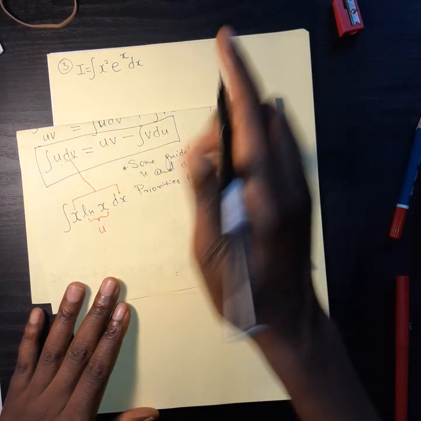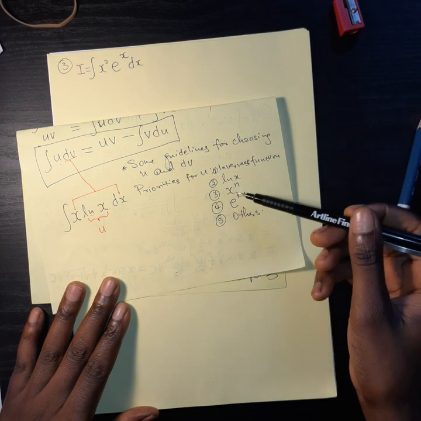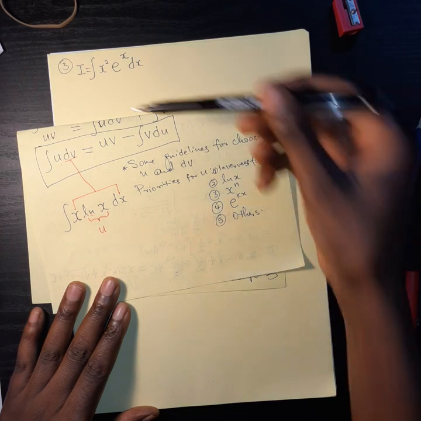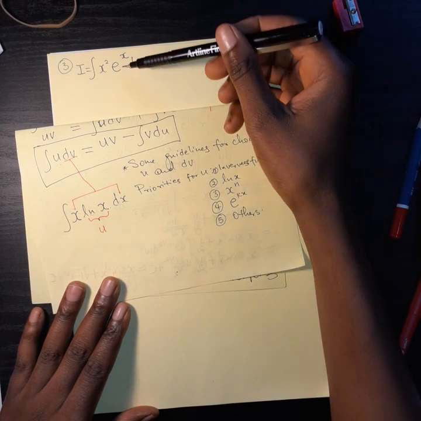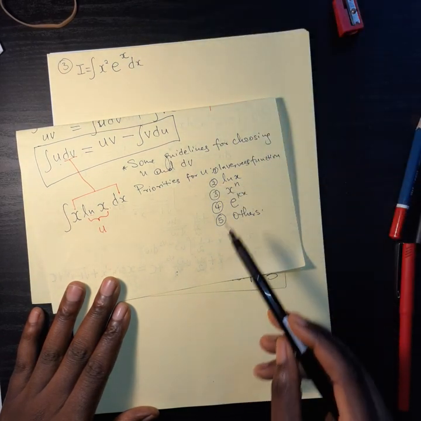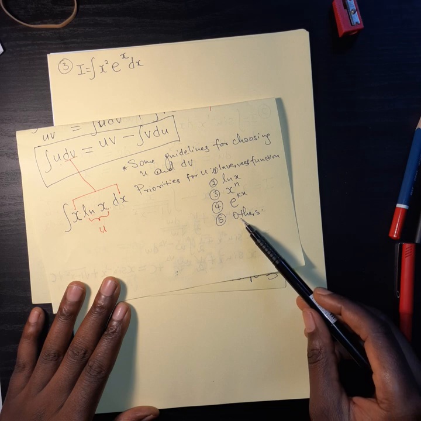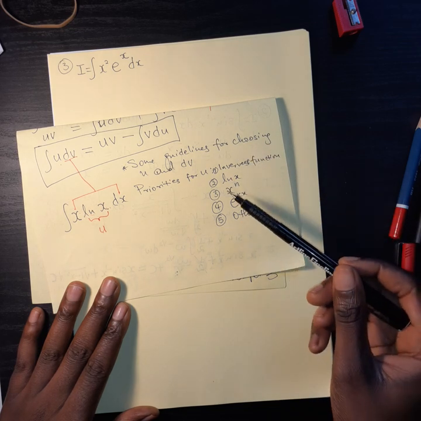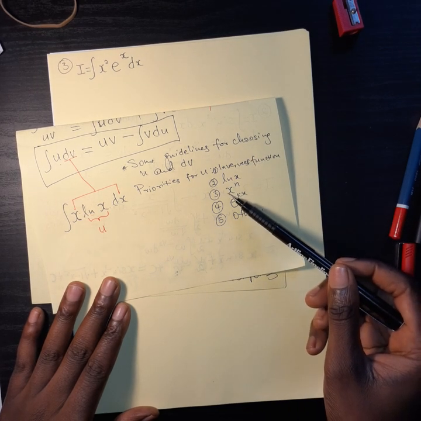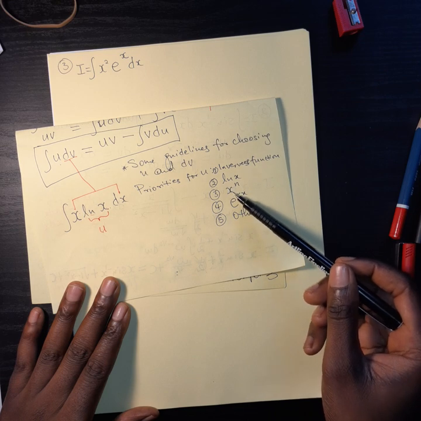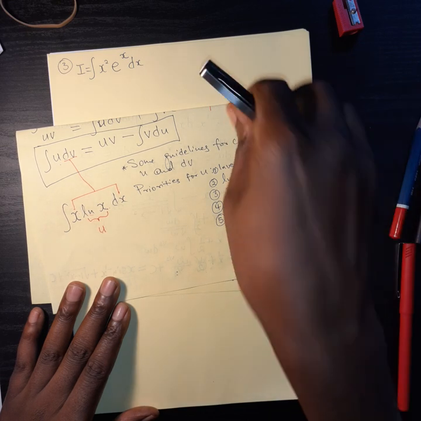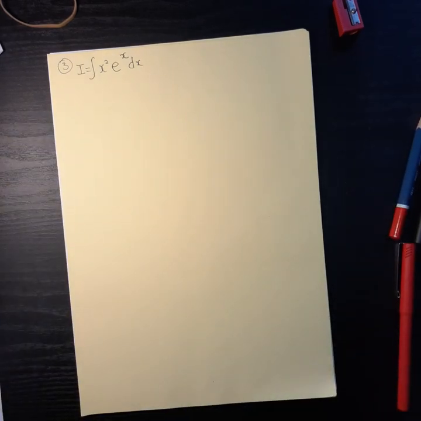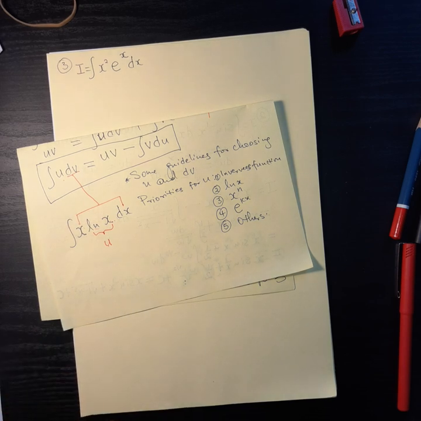And then we go back to our priorities for u, and we observe that in this case we have x to the power of n, x squared, and e to the power of kx, e to the power of x. According to these priorities, we prefer x to the power of n to be our u rather than that one. If you are curious, you can swap them and see what will happen.